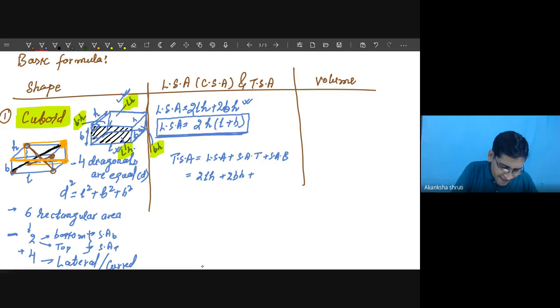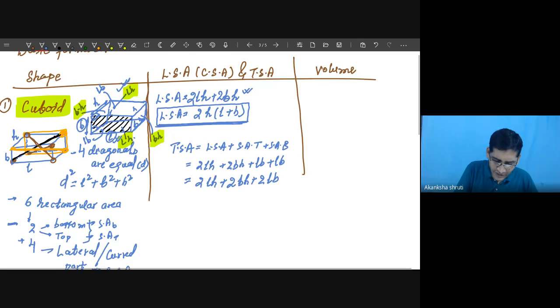Say for the shaded area or the black hatched area, it is obtained by multiplying this L with the B. So it is LB. Similarly for the top one, the length and width are the same, so the area will also be LB. So surface area of top and bottom is LB plus LB. So TSA is 2 of LH plus twice of BH plus twice of LB.